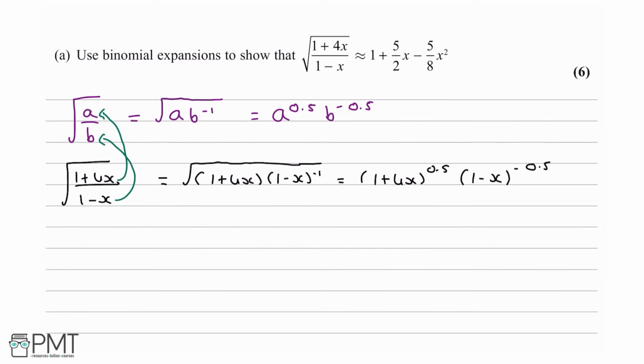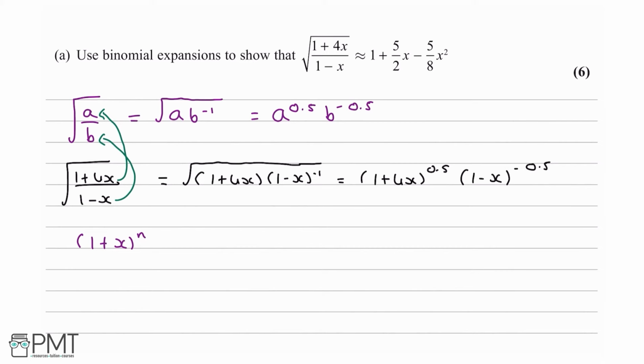Now what we have here is an expression of the form (1 plus x) all to the n, where n is a rational number, so it's a fraction. How do you go about expanding this?